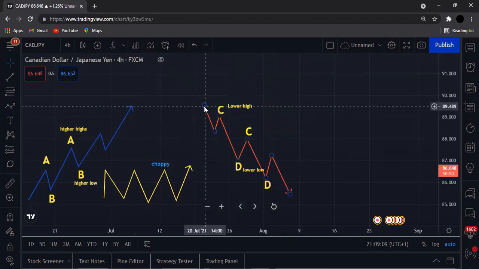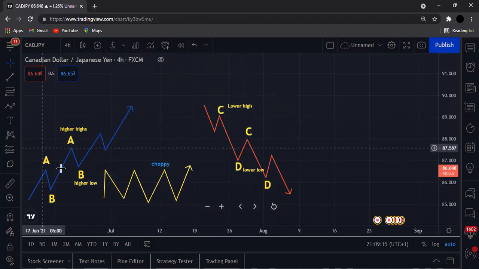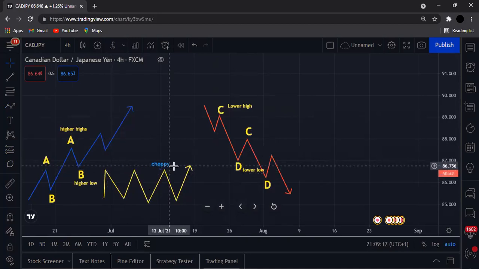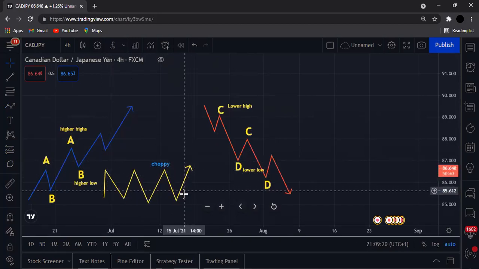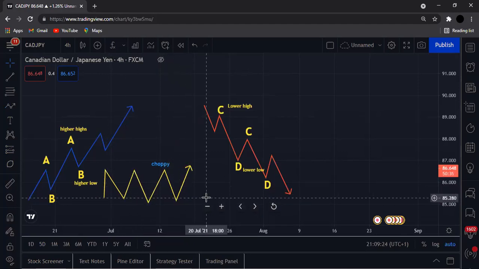Yeah. So the C stands for lower high and the D stands for lower low. Then for the choppy trend, just this part, the top stands for highs and the bottom here stands for lows.